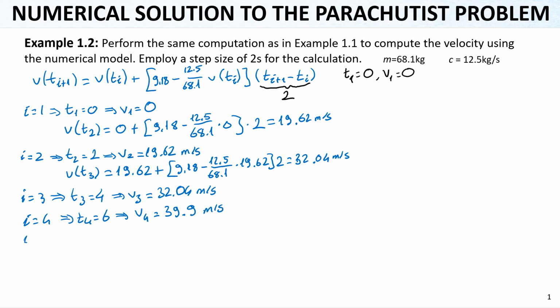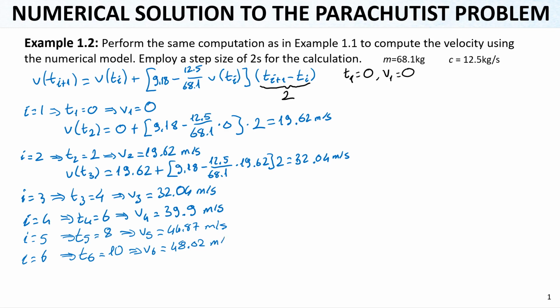I will not write down the details anymore. If i equals 5, t5 is 8, v5 is 44.87 meter per second. i equals 6, t6 is 10, and v6 is 48.02 meter per second. i equals 7, t7 is 12, v7 is 50.01 meter per second.